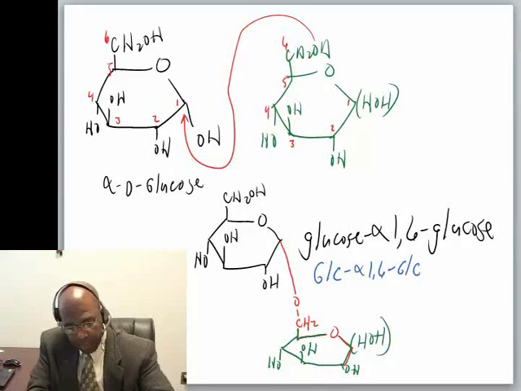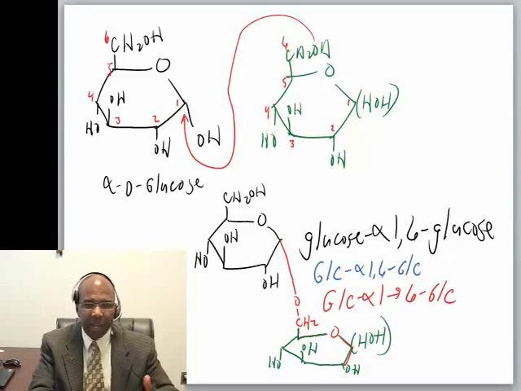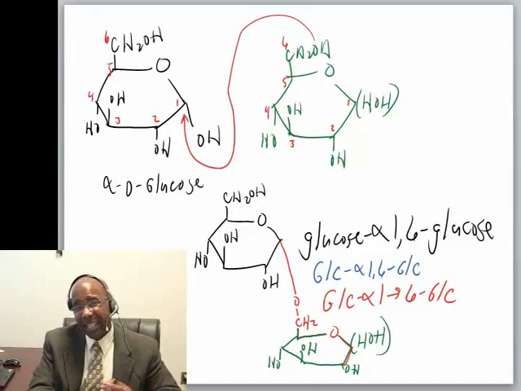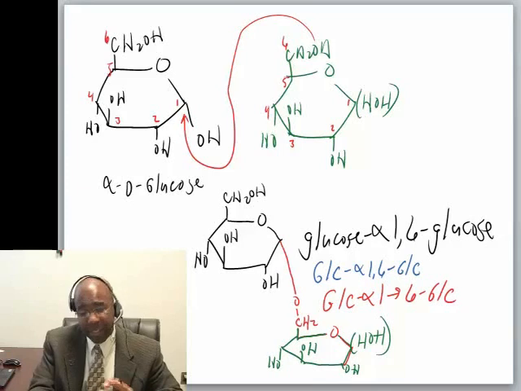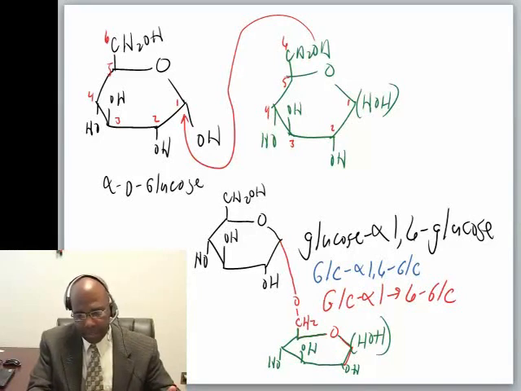Also, sometimes, instead of the comma, I'm going to show you some alternate ways. Glucose, alpha 1, and then an arrow going to the glucose. For any of our disaccharides, we can write things that way. Now, this is somewhat redundant because all of the first carbons have to be anomeric, so they have to be 1s.